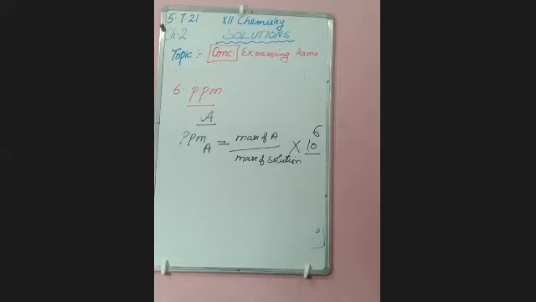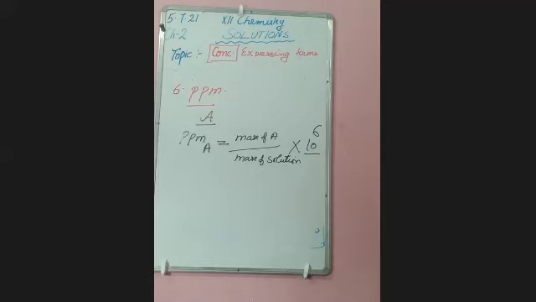Up to 12th standard, we have to study only binary solutions, which means two components. One component is the solute, which is generally present in less amount, and another is the solvent, which is generally present in more amount or actually describes the phase of the solution. Phase means the final solution will be solid, liquid, or gas.